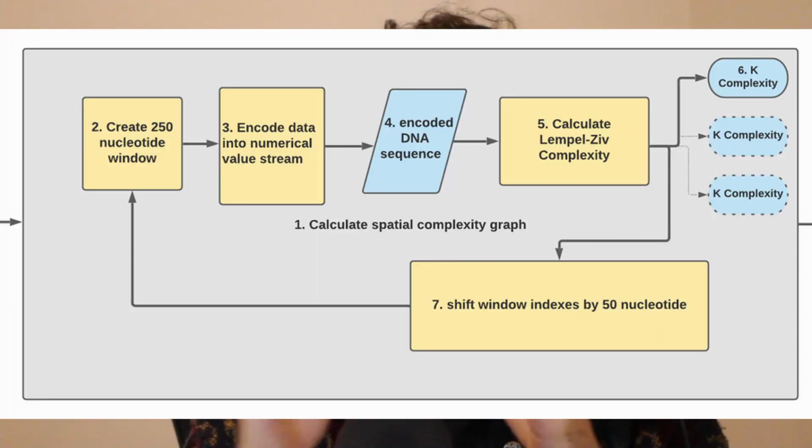Then we take this 250 nucleotide sequence and encode it into bits of zeros and 1s, because remember, Lempel-Ziv needs 0 and 1 as input. We do this simply by converting the characters into their bit representation, so what we get out is a series of zeros and 1s representing the 250 nucleotide subsequence.